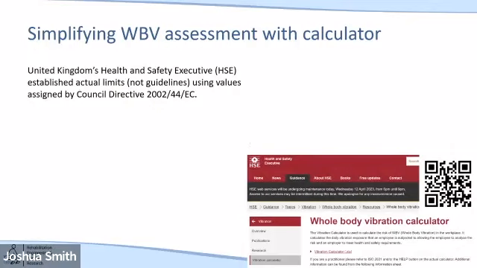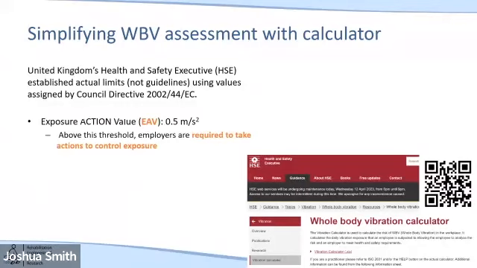But there are also tools that simplify this assessment. Like Dr. Sprigle was talking about, the UK put together with their Health and Safety Executive a calculator to just plug in your values, and it tells you how long it's going to take to reach harmful or cautionary levels, right?